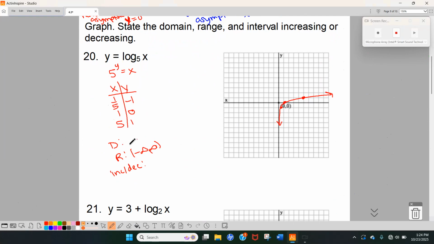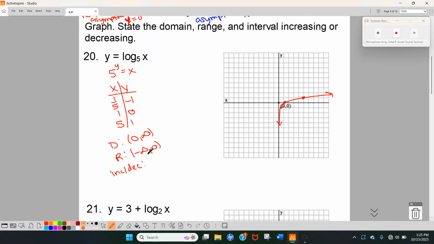So if there's nothing extra, if it's just a basic log, then it's going to be 0 to infinity. If it's a negative log and it reflects, then it would be negative infinity over to 0, because it's the x's. But anyway, you get the idea. It's going to be a 0 and an infinity for domain, unless we start shifting things. The range will always be all real numbers.